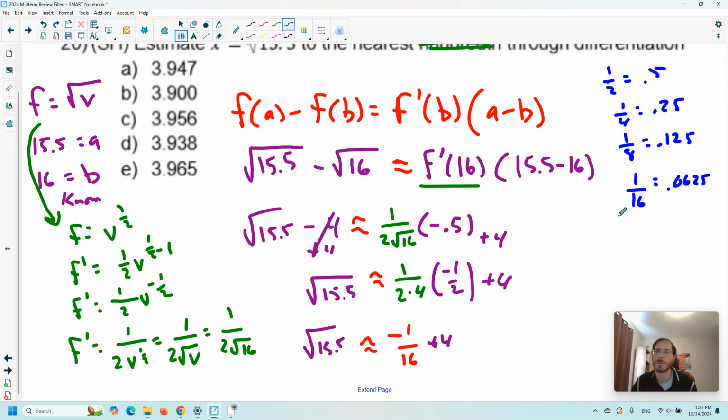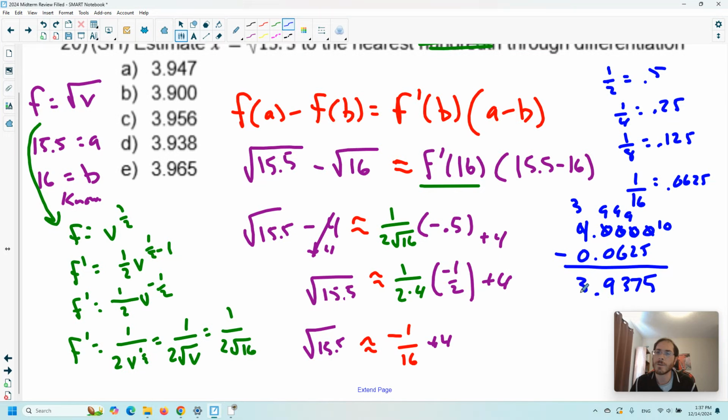All right, so we have to do 4.0000 minus 0.0625. We'll do some fun elementary math. We'll make these all 9s and a 3. Do a little borrowing. 10 minus 5 is 5. 9 minus 2 is 7. 9 minus 6 is 3. 9 minus 0 is 9. 3 minus 0 is 3. That's 3 decimal points.